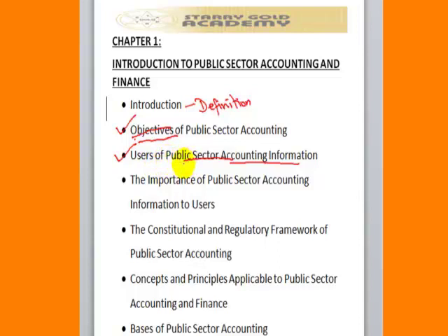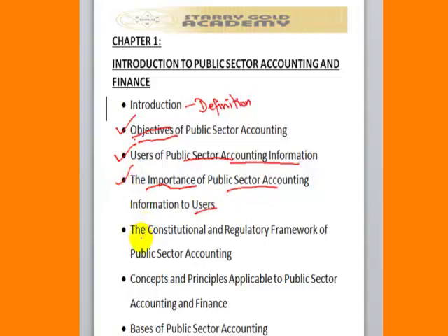We're going to talk about who makes use of public sector accounting information. Immediately after this, we are going to look at the importance and relevance of public sector accounting information to these users we have mentioned above.